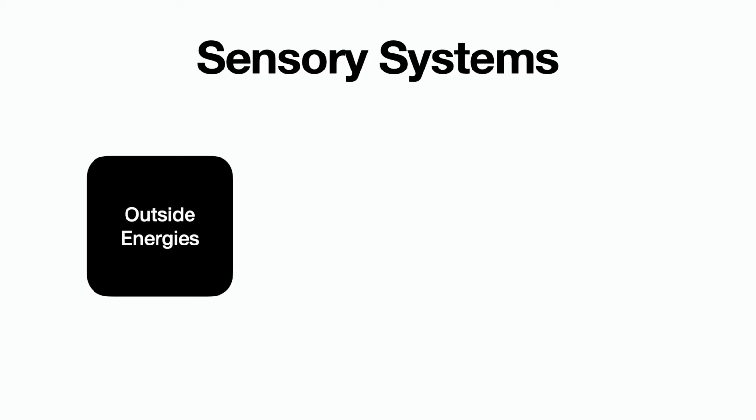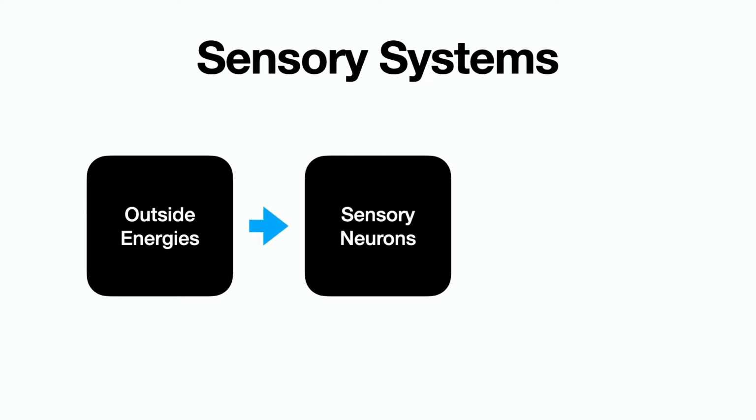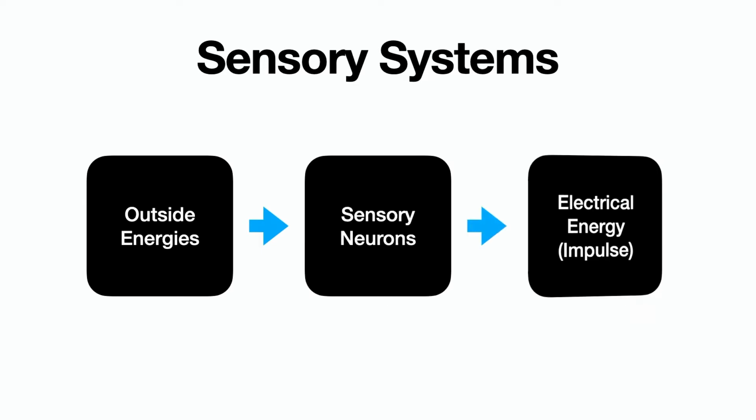Essentially, we're looking at outside energies that are translated into electrical impulses by specialized sensory neurons, the sense nerves that we have based on different areas of the body and different kinds of energies that we have.